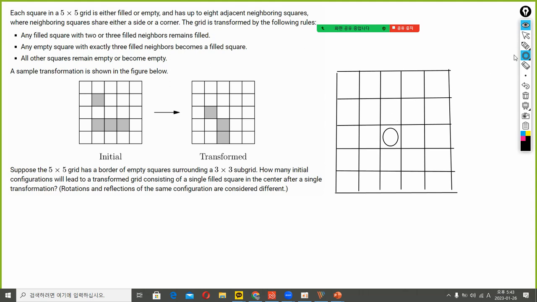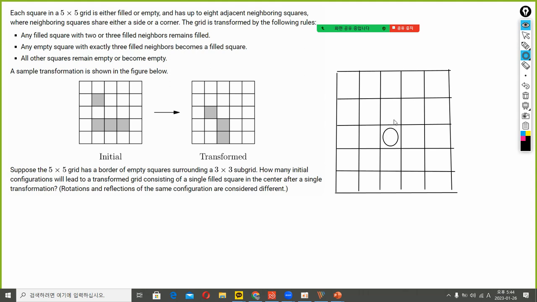So that means out of this 3 by 3 grid, at least two neighbors should be filled for this center to remain filled after transformation.